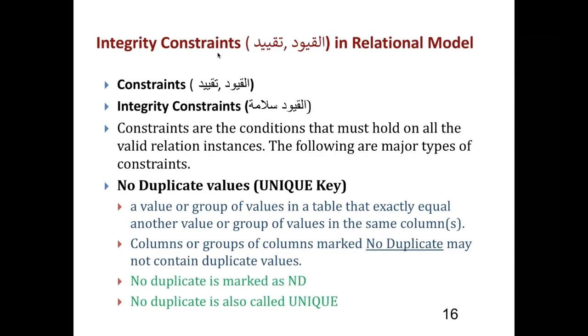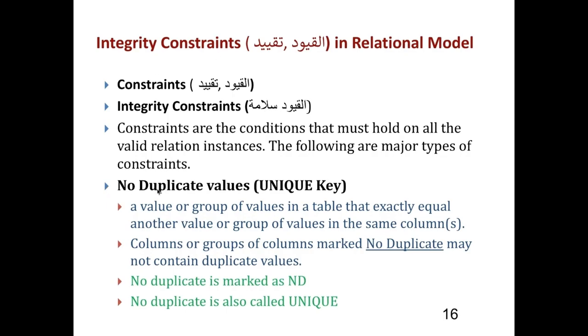These conditions ensure that our tables, or our relations, are perfectly normal. They are not having any problems. They have perfect data sets, good data which is free from problems. To ensure that everything goes fine, we need to implement some constraints.